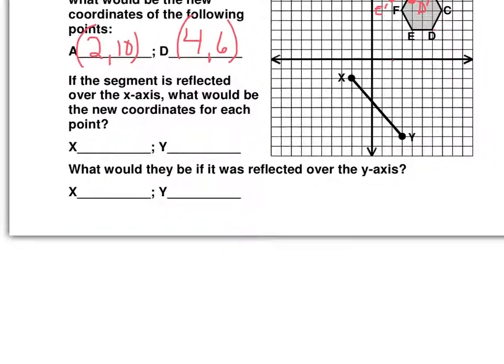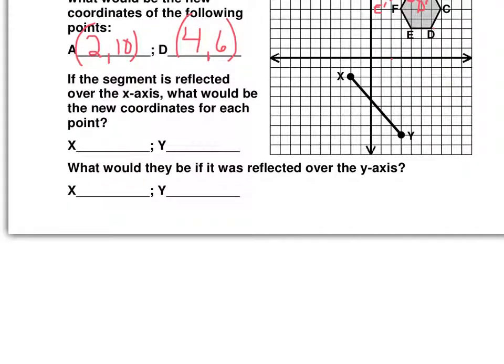If the segment is reflected over the x-axis, what would be the new coordinates for each point? What would they be if it was reflected over the y-axis? Okay, so to reflect this segment, it's very simple.